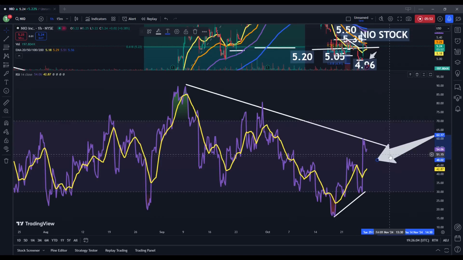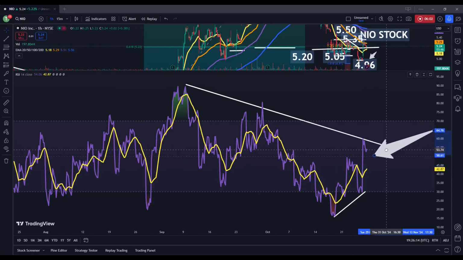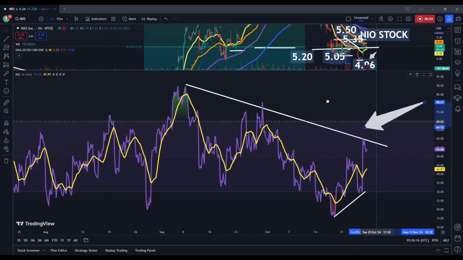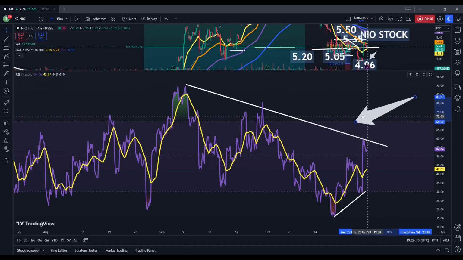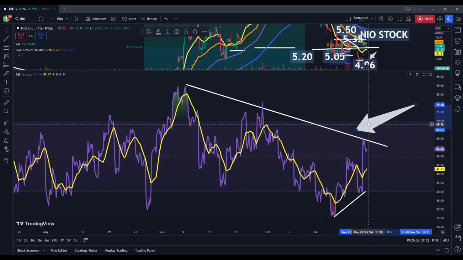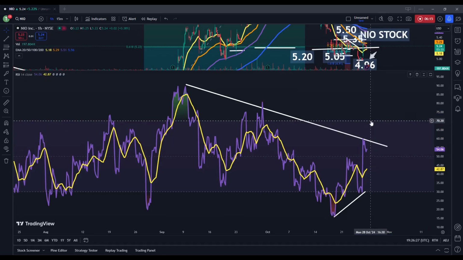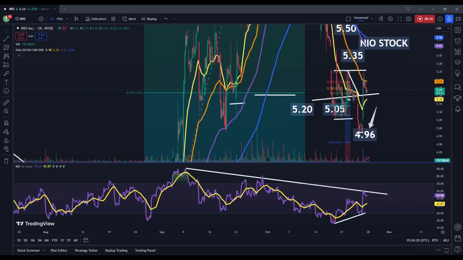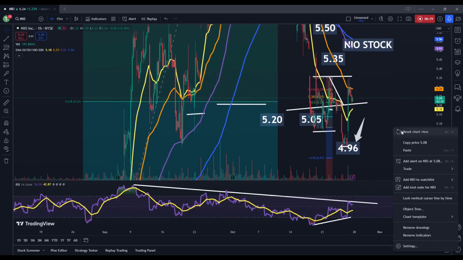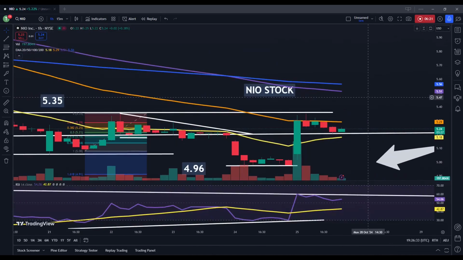So essentially what I would be looking for if I was on the bullish side of the argument here, if I was looking for long positions or reasons to believe that a long position would be succeeding here, the first thing that I would probably look for would be a break of this downtrend in the momentum reading. That would then tell us that this negative momentum course has now run itself to a point of completion, and that would probably coincide with share prices possibly moving above this 535 resistance zone.